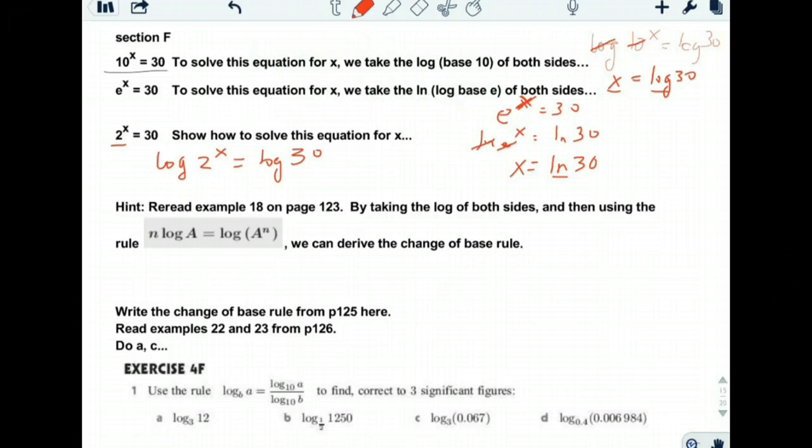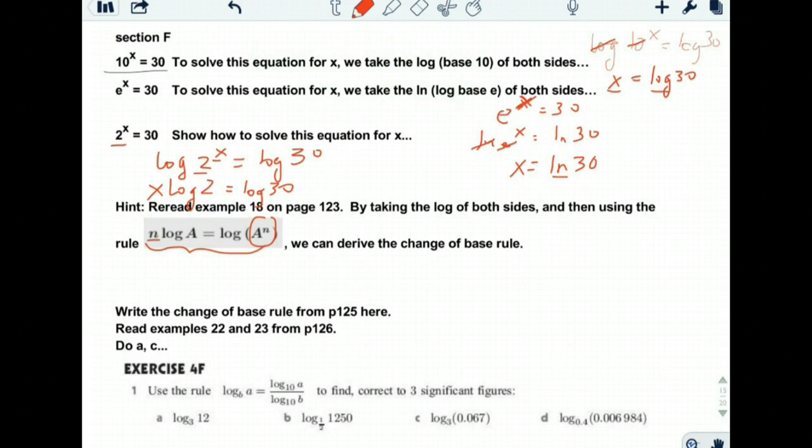Okay, now why does this lead you closer to the answer of what x equals? Well, remember this rule. So if you have a to the n, you can put n out front. Okay, so let's see. Since we have 2 to the x, what we can do is say x log of 2 is equal to the log of 30. And log of 30 and log of 2 are just numbers.